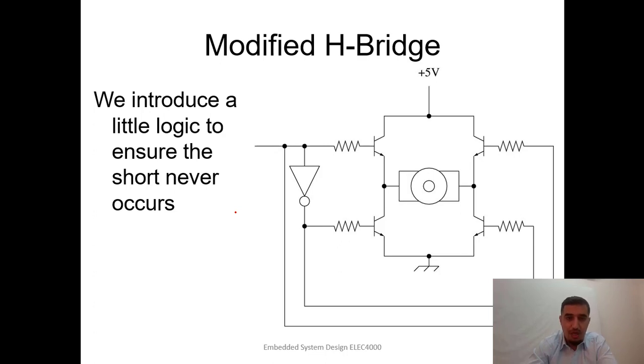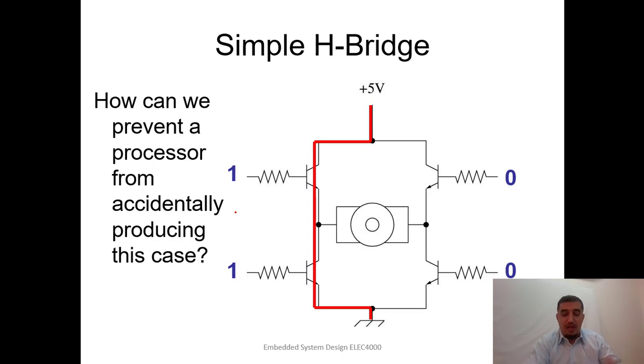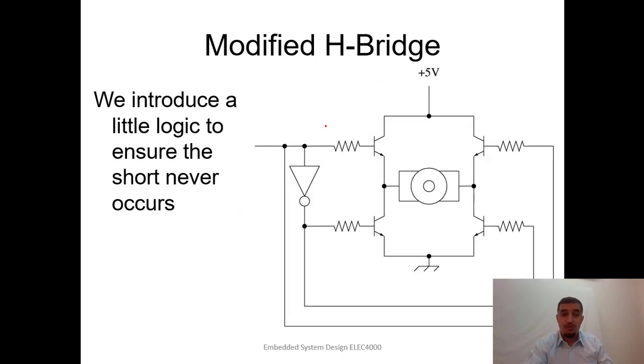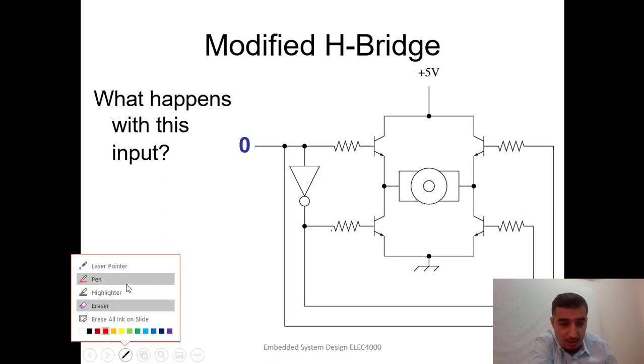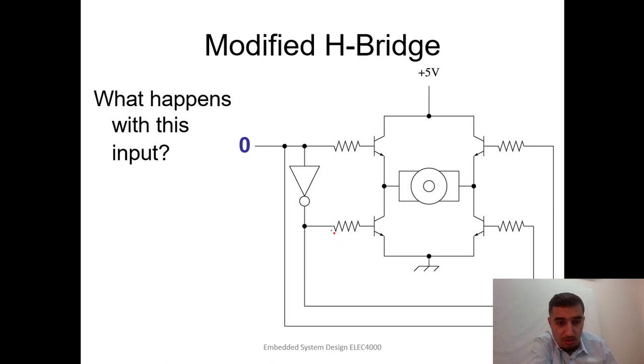So here, instead of having to control 4 transistors, we can control them only through one input. If I put 0 here, what will happen? 0 here means that this input is 1 and this input is 1.